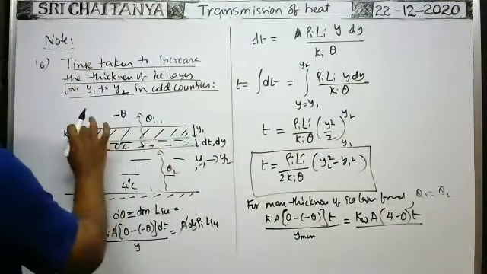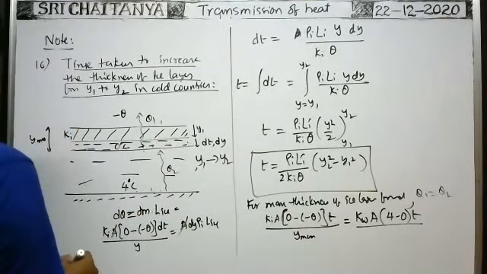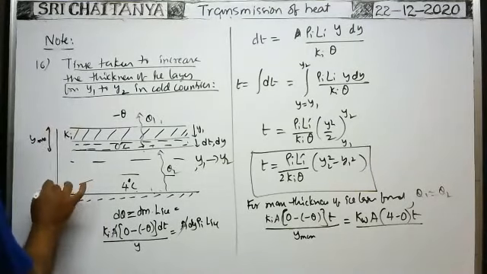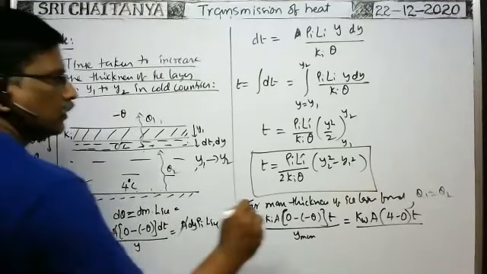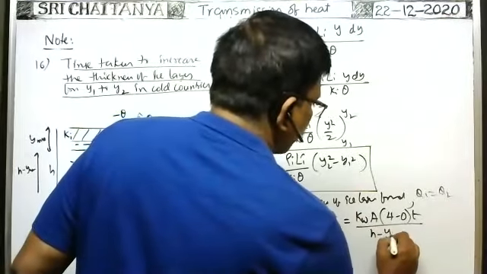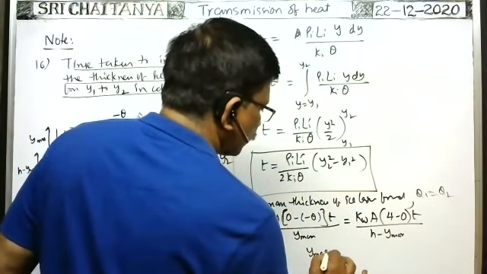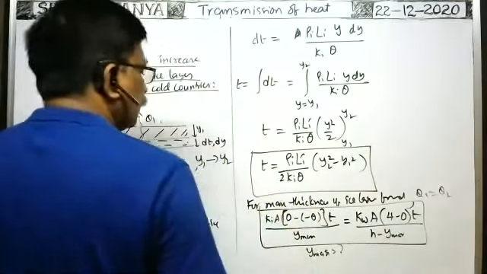If it is y max, and the total depth of the lake is say h, then this length is equal to h minus y max. So from this, you have to calculate y max. Okay, this is the formula. Note down.